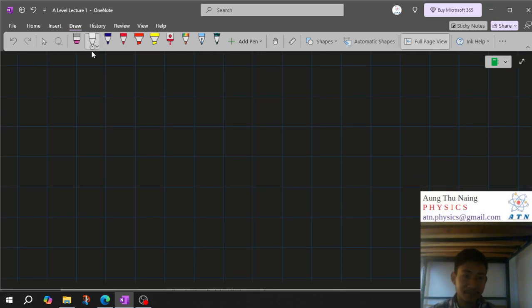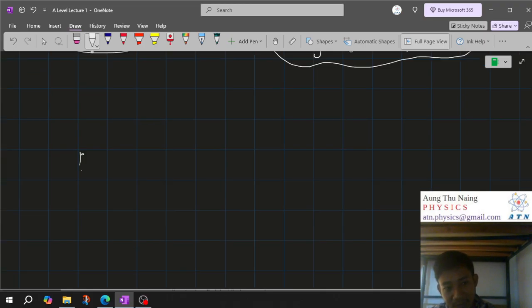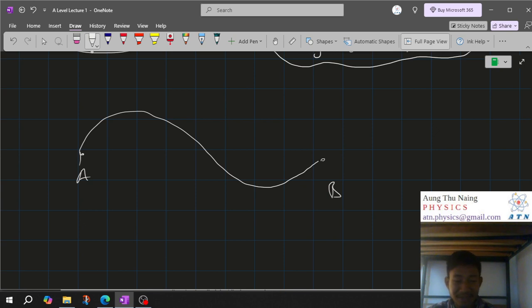In motion, we have many physical quantities. Let's consider this is point A and this is point B. The object moved from point A to point B. In this case, we have a path of motion.